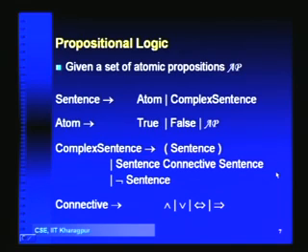Whenever A is false, the sentence A implies B is vacuously true, right. And the both-ways connective means if and only if, right. And we have the negation also. So, a complex sentence can be the negation of another sentence, right.